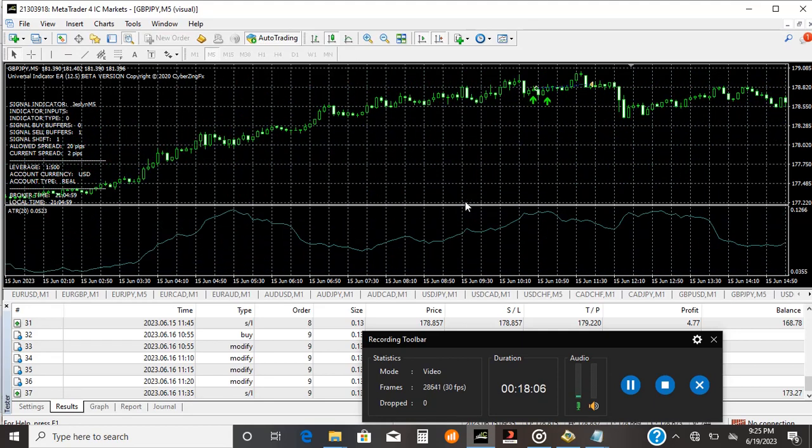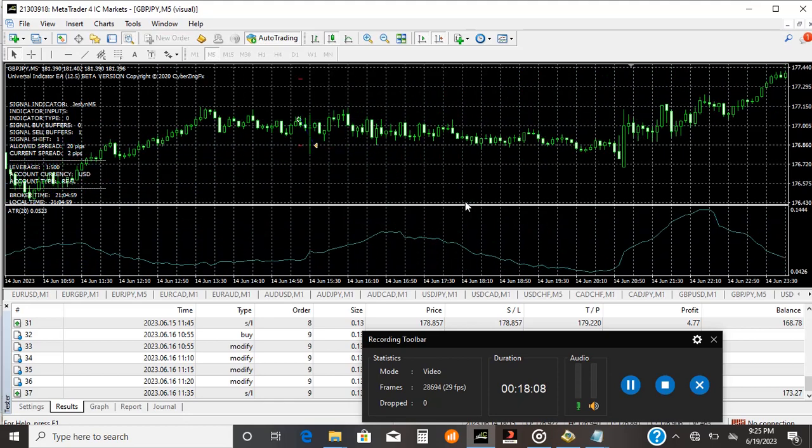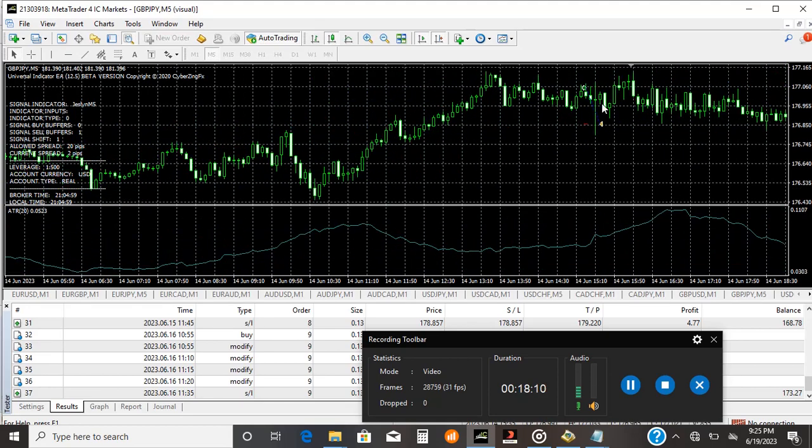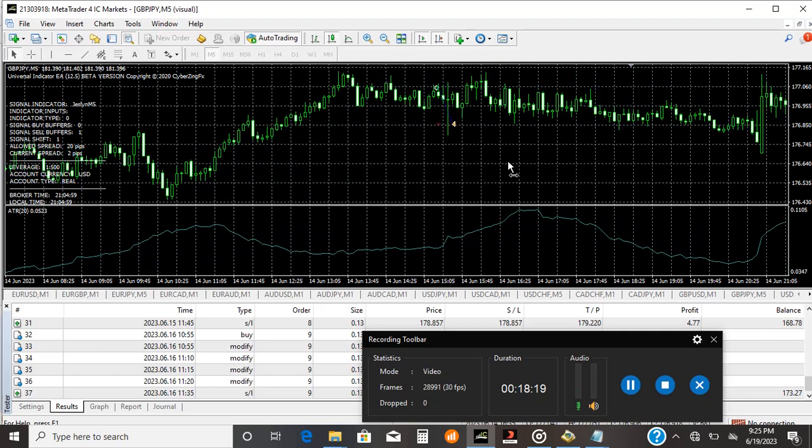Okay, some of these trades, I think what happened here was a news release, so you also have to watch out for news events and avoid them.